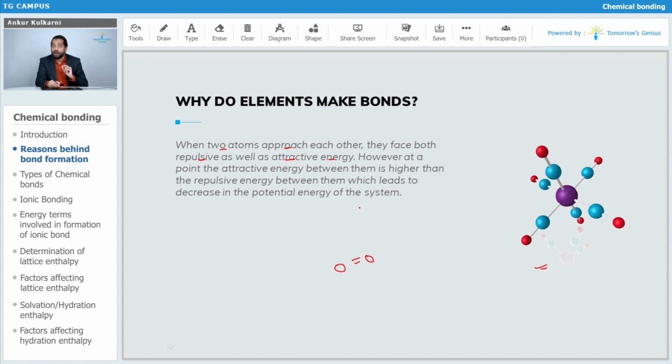However, at a point where the attractive energy between them is higher than the repulsive energy, what do you mean by this statement? That means the attractive energy, the force that is pulling them together, is more than the repulsive energy. So obviously what will happen now? The two atoms will come close to each other and form a bond, correct? And that means there is stability. So the potential energy decreases in the system, correct?